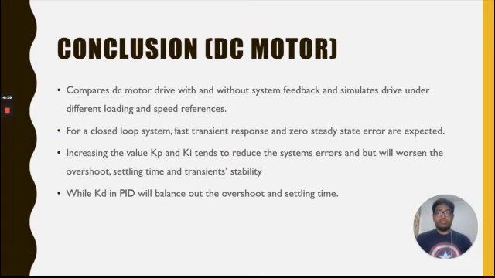For a closed loop system, we want a fast response and zero steady state error. In this project, we increase the values of Kp and Ki, with the result tending to reduce the system error but worsening the overshoot, settling time and transient stability, while Kd in PID will balance out the overshoot and settling time.